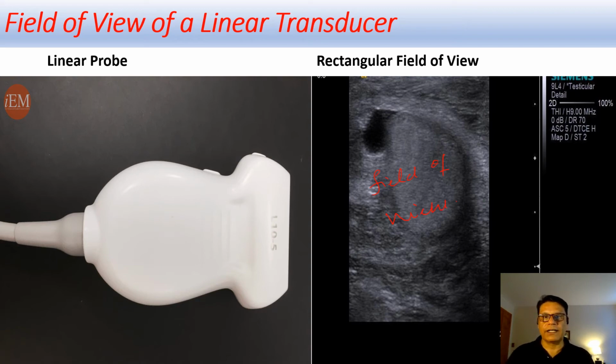It's also called the sector. This field of view depends on the number of scan lines.